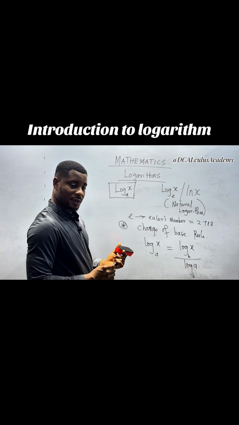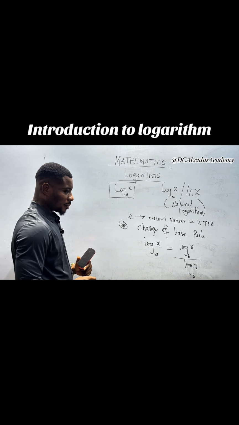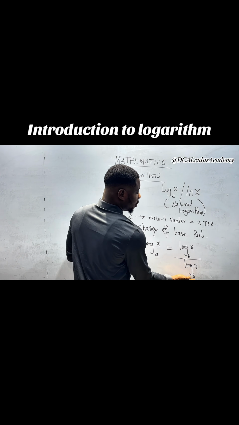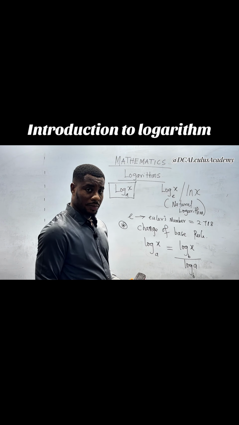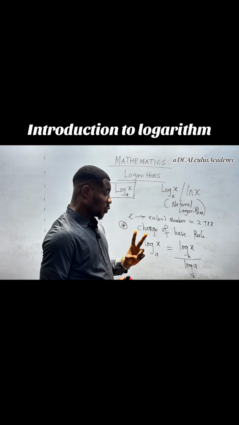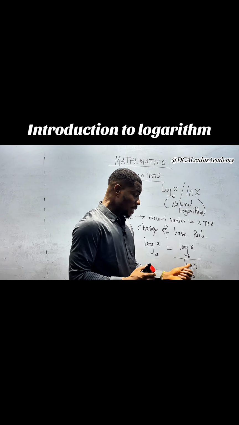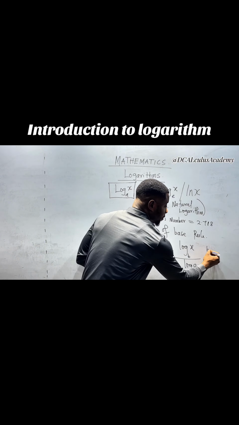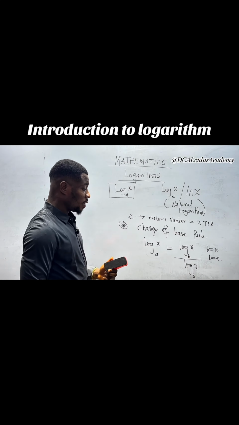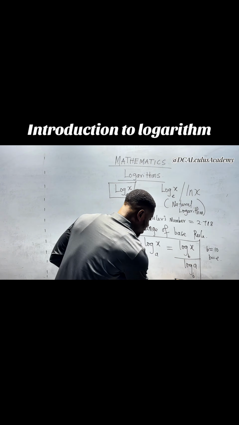I have changed the base. You can decide to use b to be any number, but in mathematics there are two specific values you can use for b. You can either say b should be 10, or you can say b should be e. This is one form of change of base.